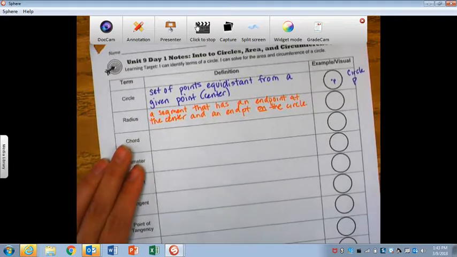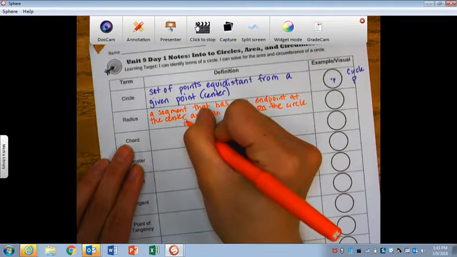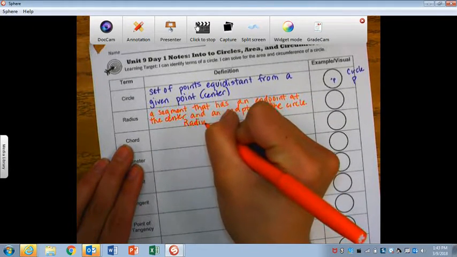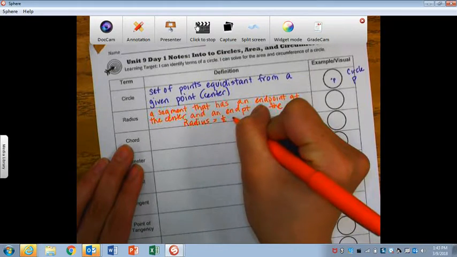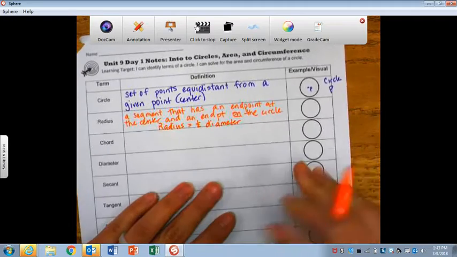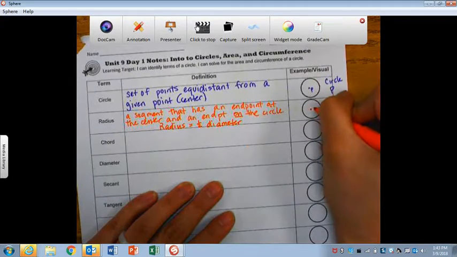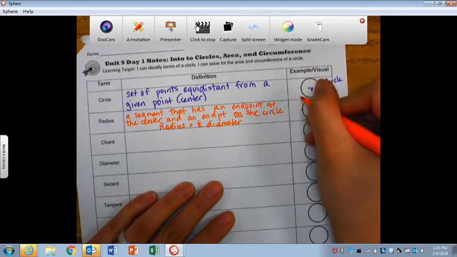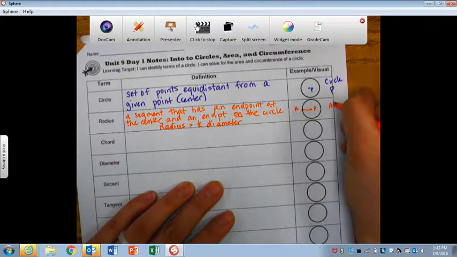It's important to keep in mind that the radius is equal to half the diameter, which you should have learned in 8th grade. So here's the radius. Again, center P, and then we can write, AP is a radius.